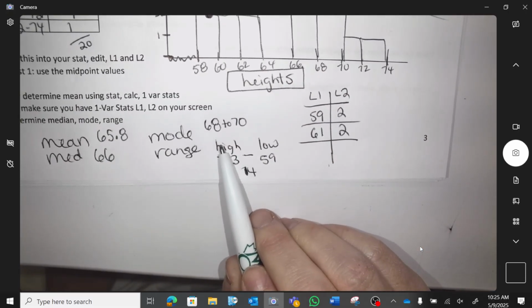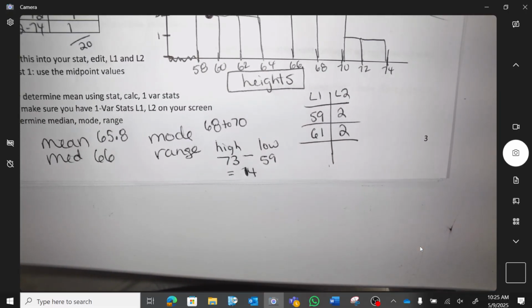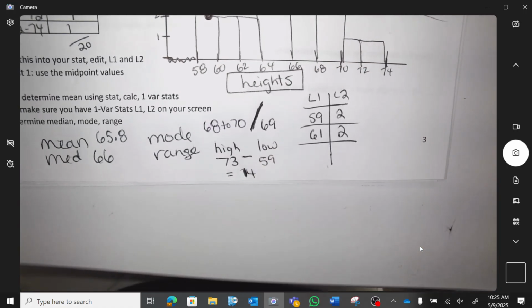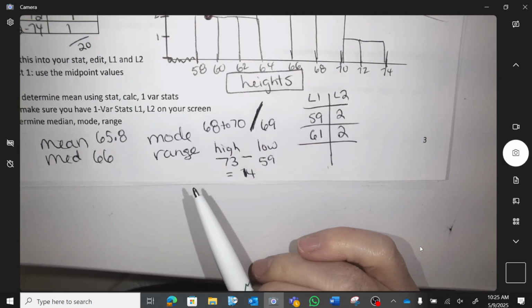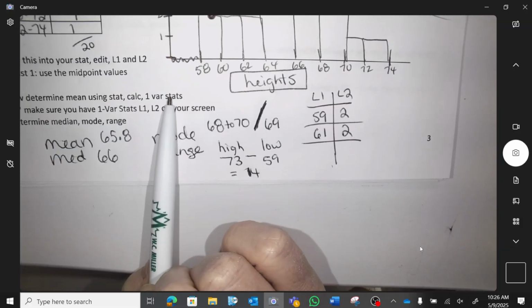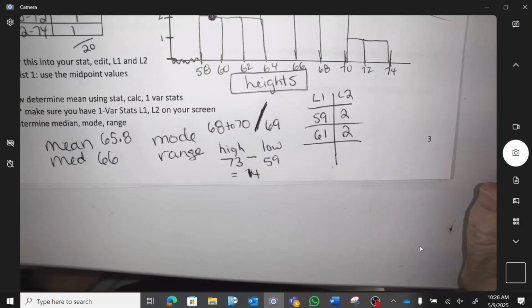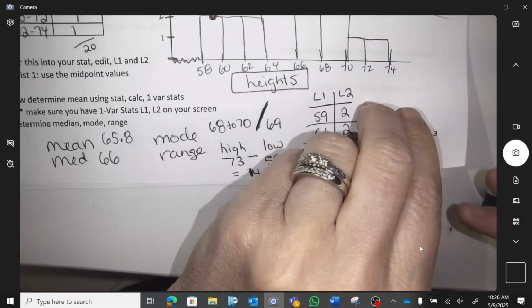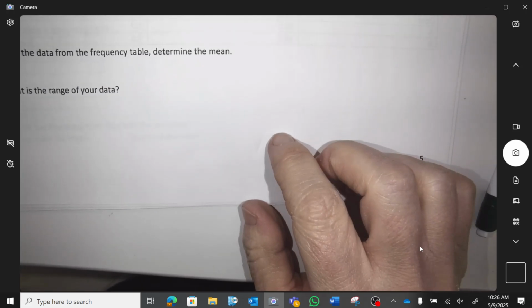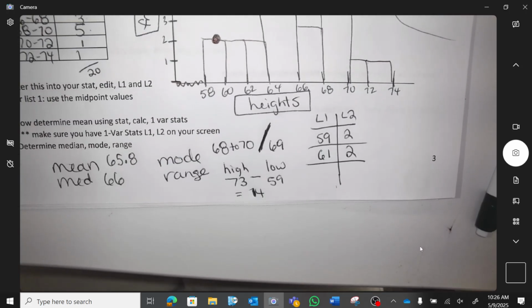I would be okay if you answered that 68 to 70 occurs the most, or if you took the midpoint of that zone. Now determine the mean using that and then answer all those other things too. Okay, good. That's it for one question.